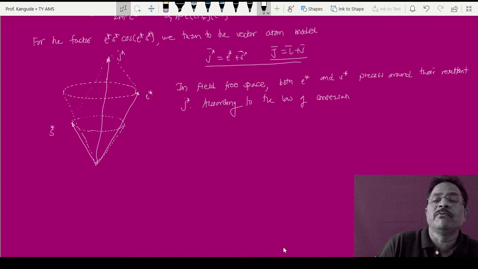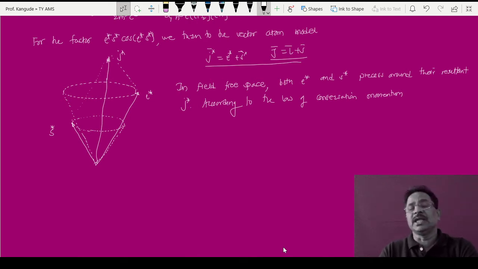Remember, I am explicitly writing each and every statement from the textbook. Without that, it is very difficult to understand this derivation. That's why we are writing almost each and every line here.